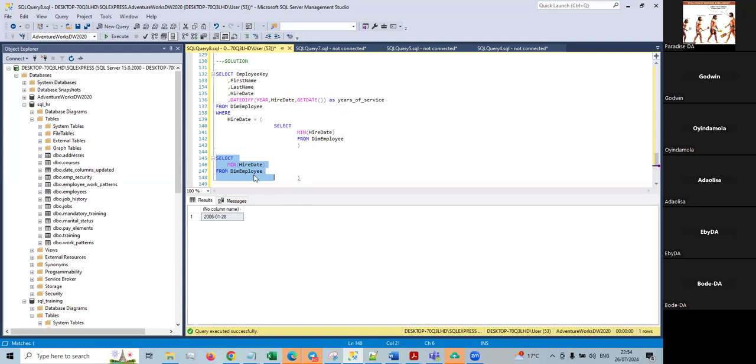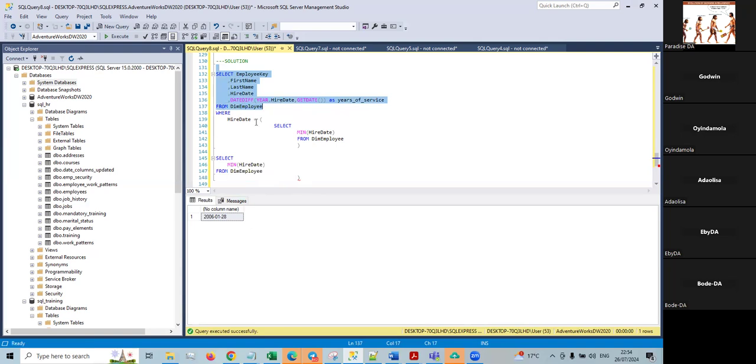So we are looking for that person who was employed on this specific date. All of this here could be anybody, any one of the employees, right?